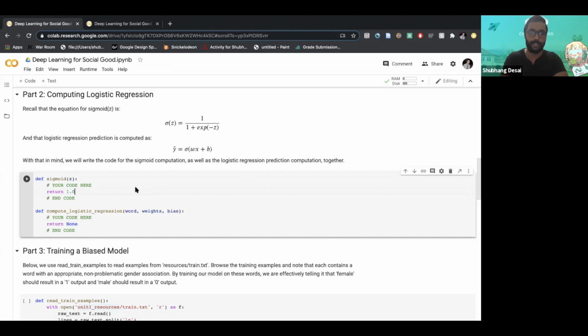Anyone have any ideas? Okay, yeah. Let me unmute you. Yeah, you could do 1 divided by, and then in parentheses, 1 plus some x function, right? Oh yeah, we could do that.